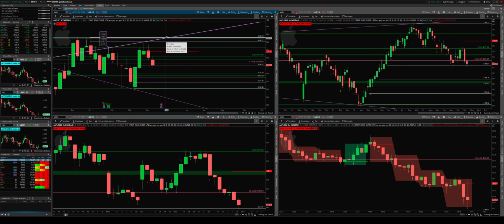One of the reasons that we draw broadening formations is to give us an idea of the way that the range is going to expand, the way the price is going to go or fluctuate. So remember, price oscillates. It doesn't always just go straight up or straight down. So we can have some range expansion at the top and come back down. So this is what the weekly looks like.